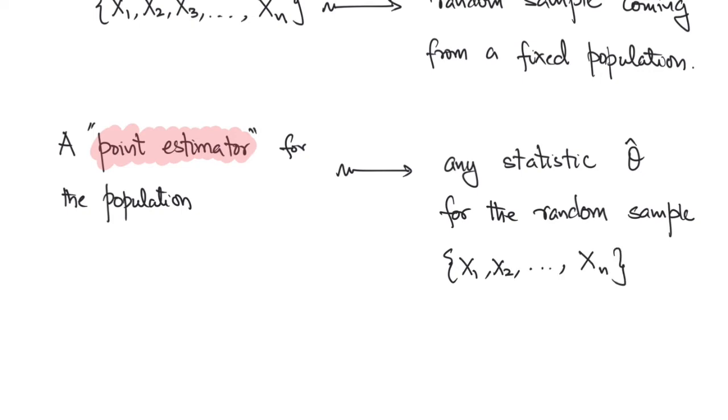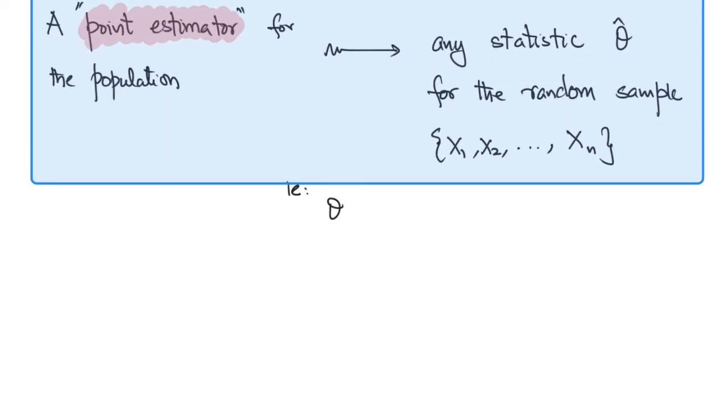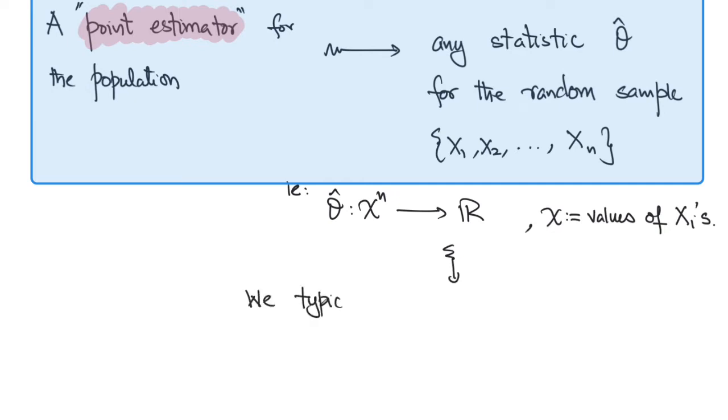That is to say that theta hat is a function defined on script X to the n, where script X is the set of values for all the random variables Xi.